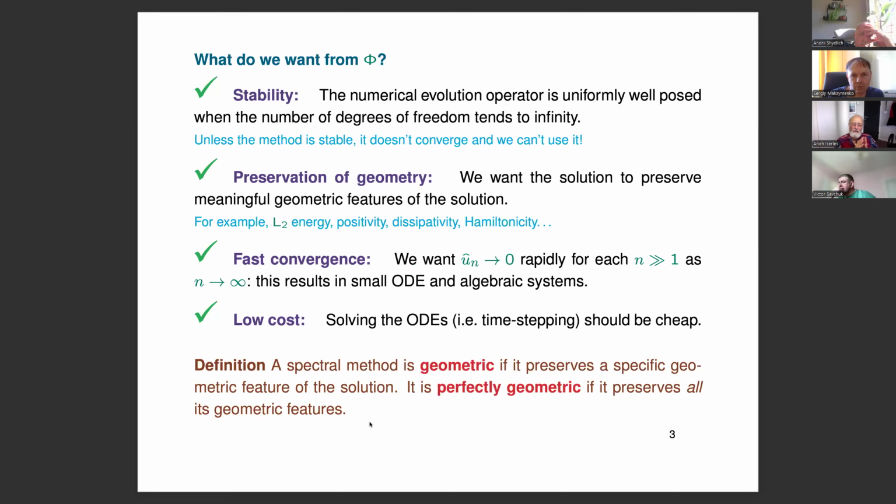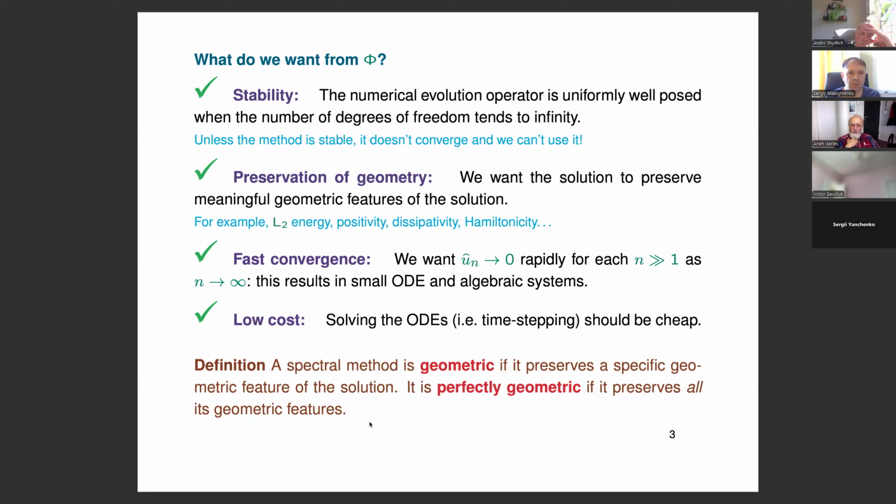By stability, we mean that as capital N, the number of degrees of freedom, tends to infinity, the numerical evolution operator uniformly tends to the exact operator, and hence the solution is uniformly well posed when the number of degrees of freedom tends to infinity. This guarantees, according to the Lax equivalence theorem, that our numerical solution converges to the exact solution. If our method is not stable, we don't use it, full stop. This is an absolute requirement.